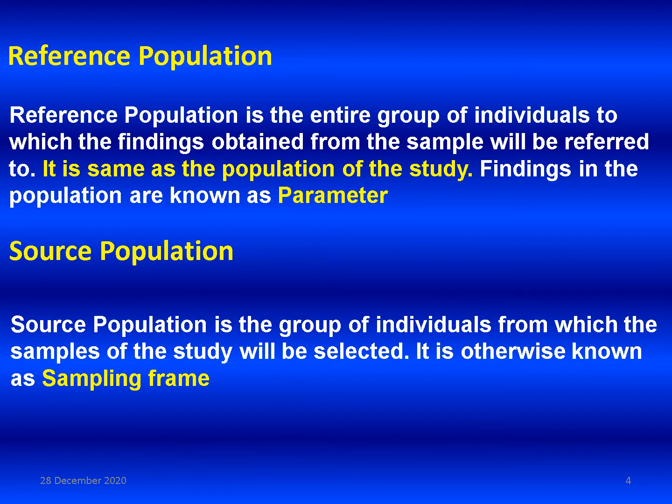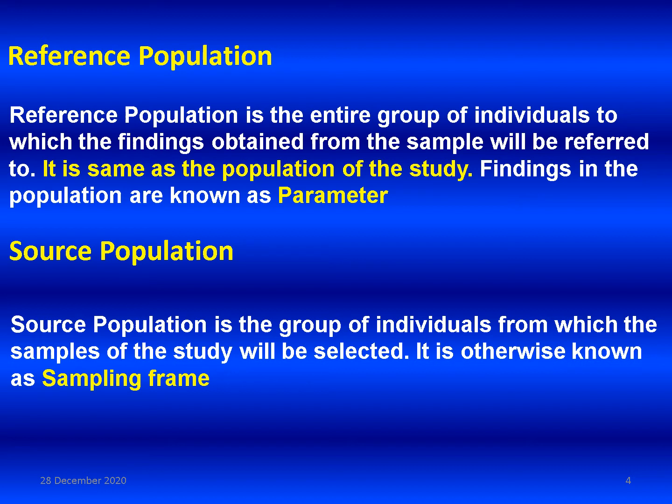Now we can learn two terms, reference population and source population. Reference population is the entire group of individuals to which the findings obtained from the sample will be referred. We are collecting data from the sample, analyzing that data, and getting some findings from the sample. Those findings will be referred to a population.